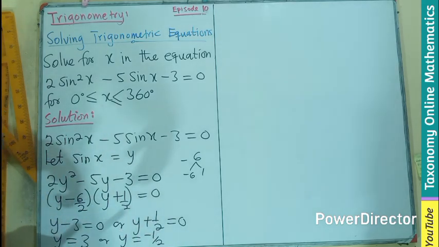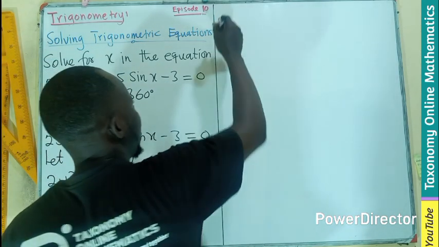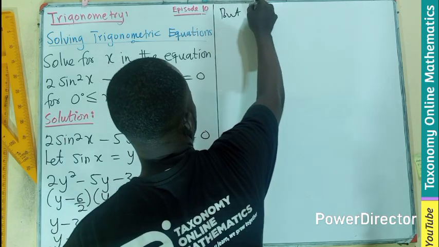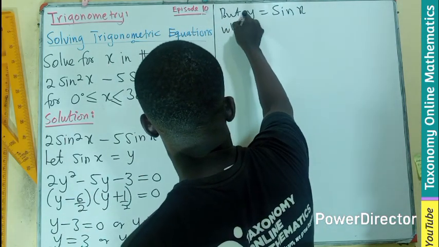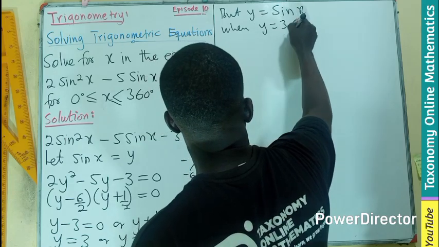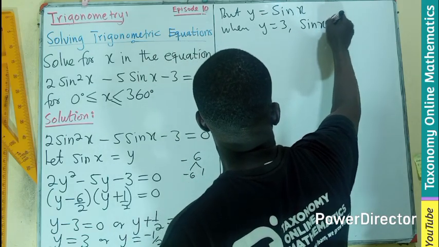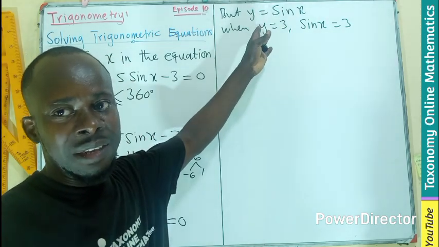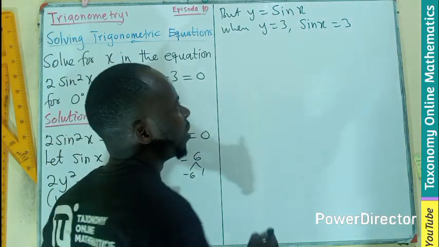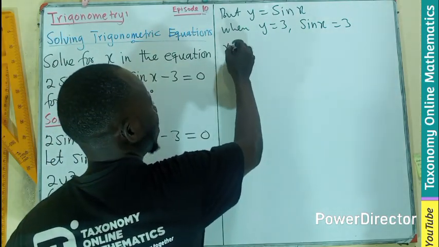These are the values of y we have. But y equals sine of x, meaning when y is 3, sine x will be equal to 3. y and sine x are the same. So if it equals that, we should have our x.